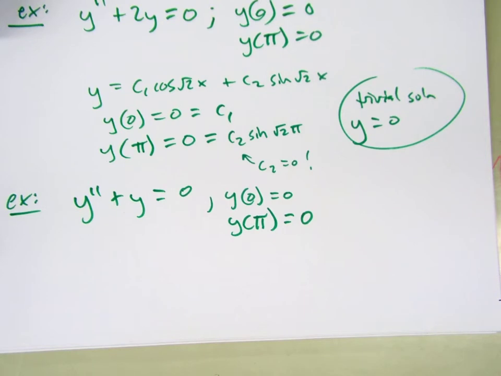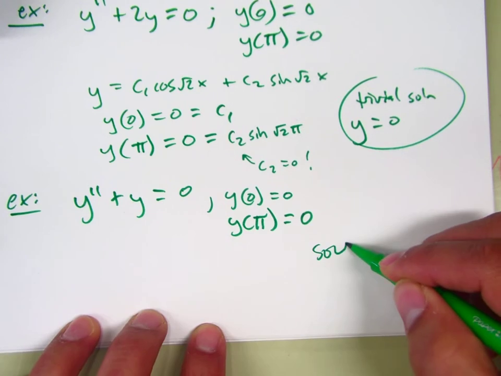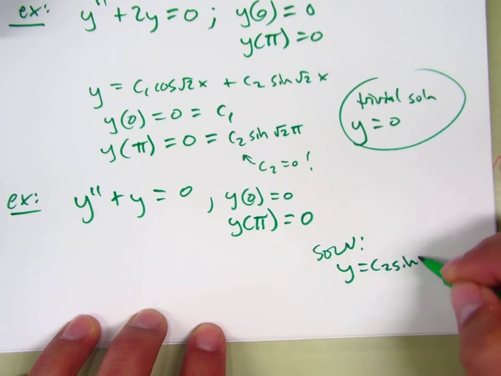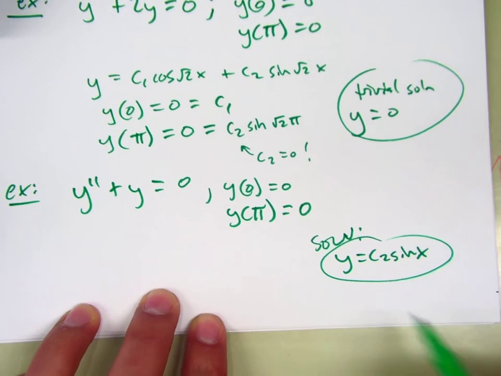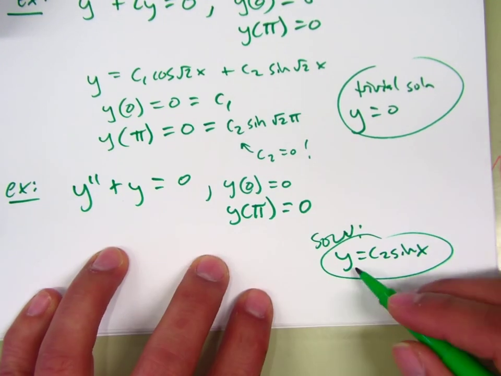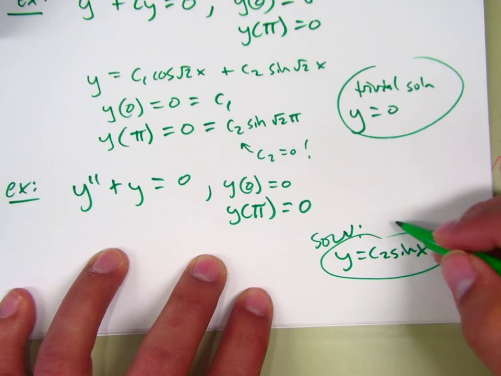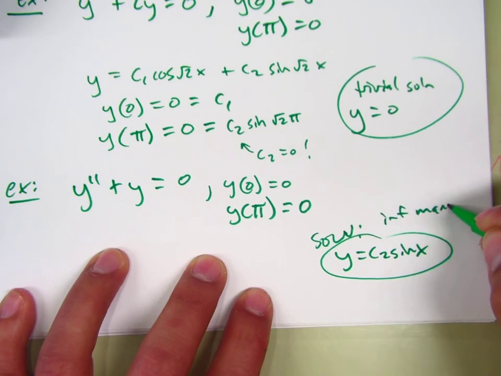All right, what's the solution here? y equals C2 sine of x. Very good. So when you plug in the conditions, we get any family of sine of x functions as a solution, right? So here there's actually infinitely many.